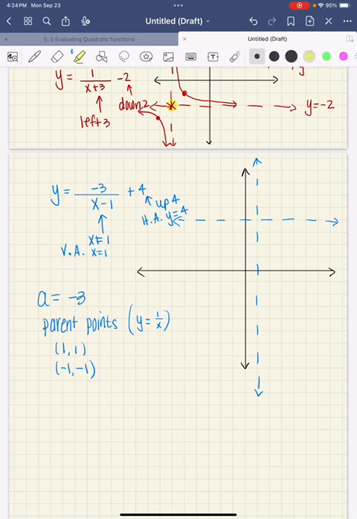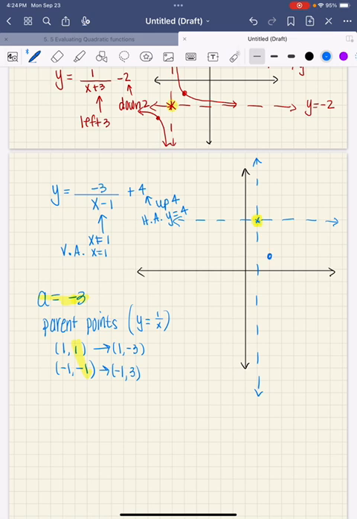A is negative 3, so I'm going to take my y values and multiply by negative 3. So 1, 1 becomes 1, negative 3. Negative 1, negative 1 becomes negative 1, positive 3. So from my new origin point, my new origin is right here. I highlighted it. I'm going to plot the point 1, negative 3.